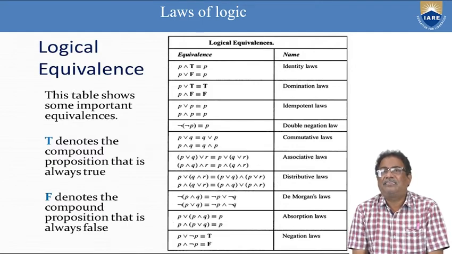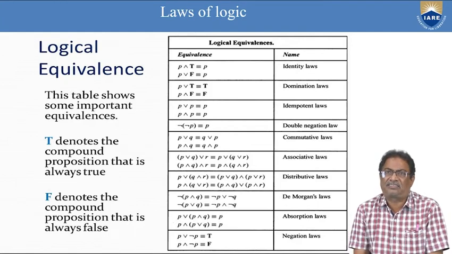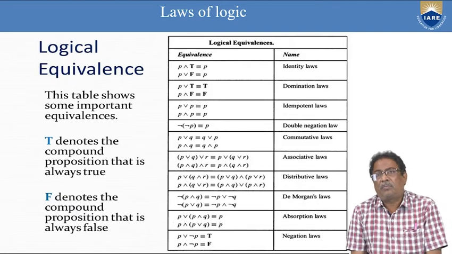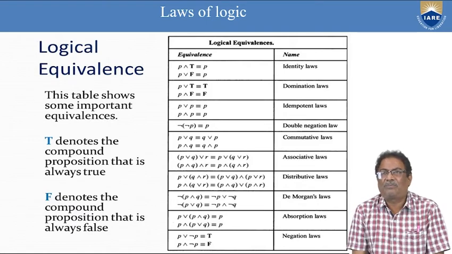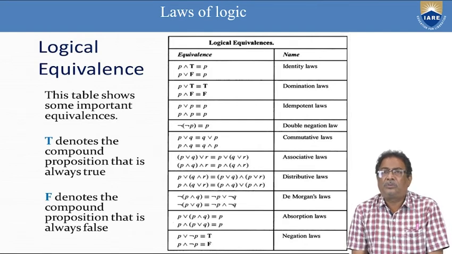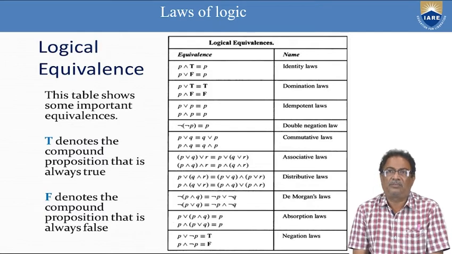So in such a case, we are going to use the formulas, the laws known as the laws of logic, instead of verifying logical equivalence by taking the truth values.